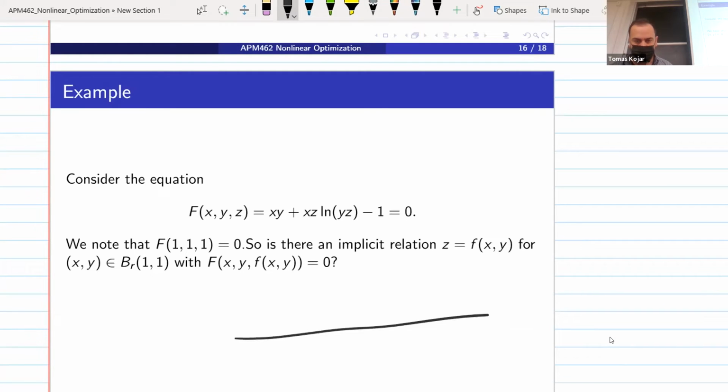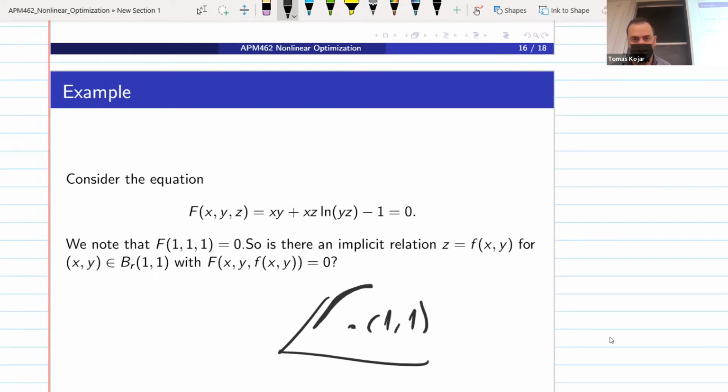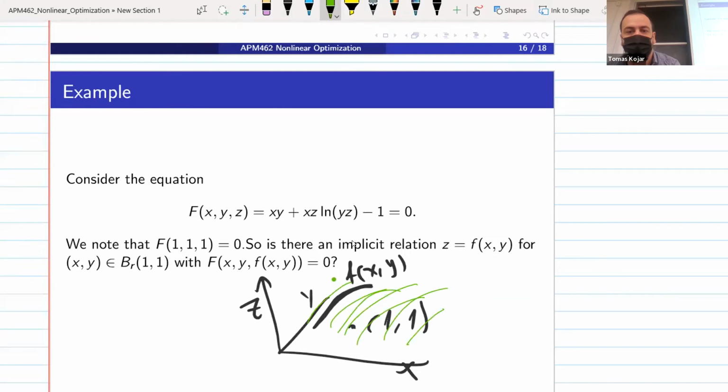So I can draw 2D. Just let me put 1, 1. So this is x, this is y, this is z, and I want to find f of x, y that is inside the surface. Yeah, so it's inside the surface. It's just one of these lines.